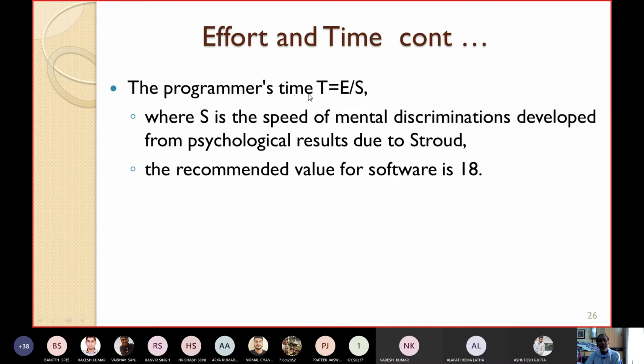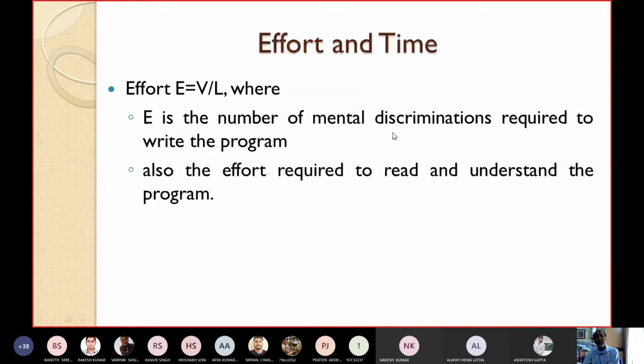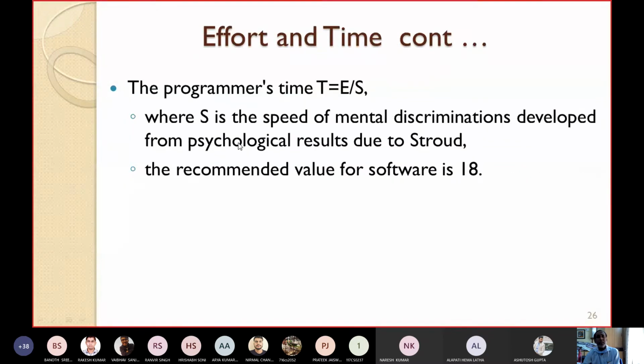The programmer's time can be defined as T, and this is defined as E by S. Where E, I have already told you, is the effort, and S is the speed of mental discriminations, developed from psychological results due to Stroud.